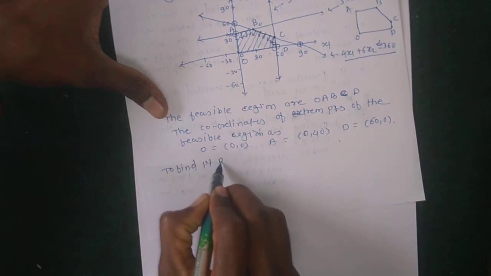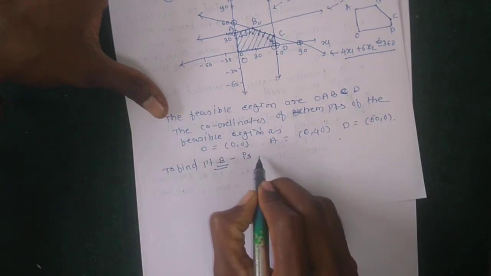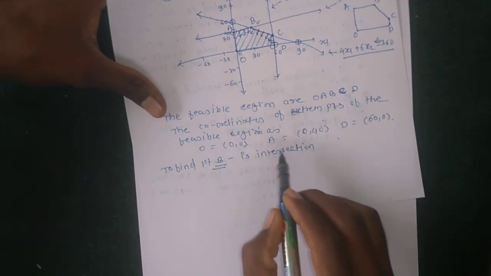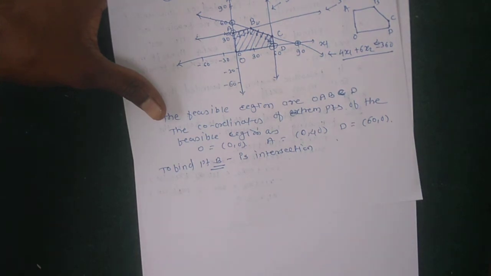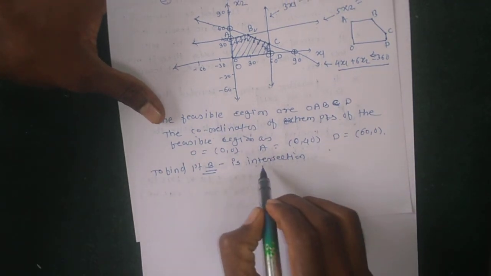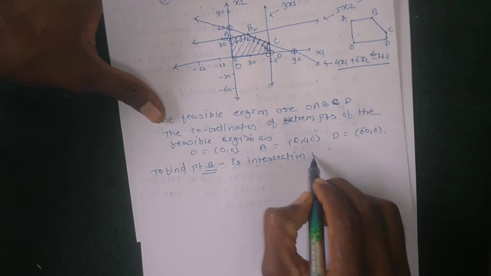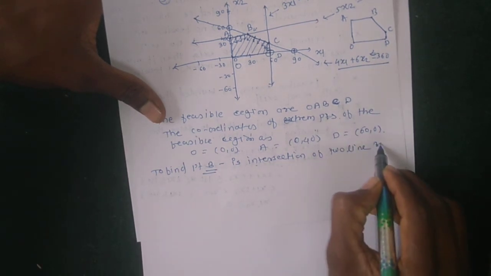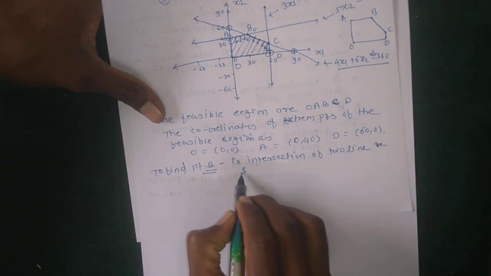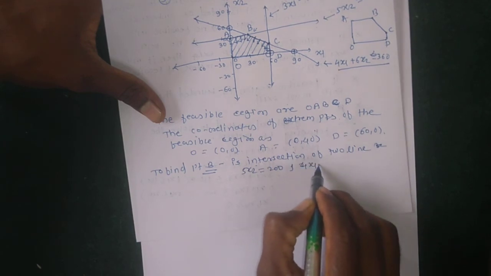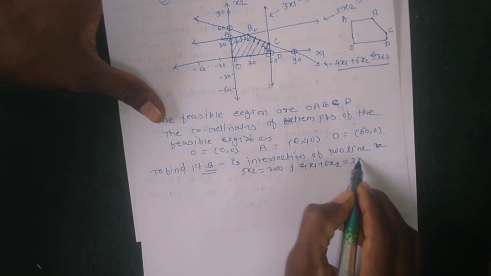To find point B, we take the intersection of two lines. The two lines are 5x2 is equal to 200 and 4x1 plus 6x2 is equal to 360.